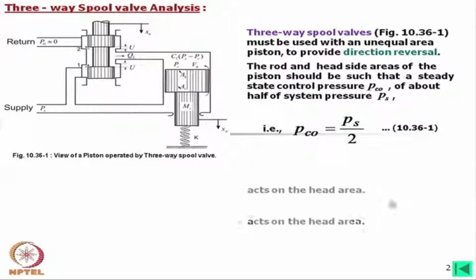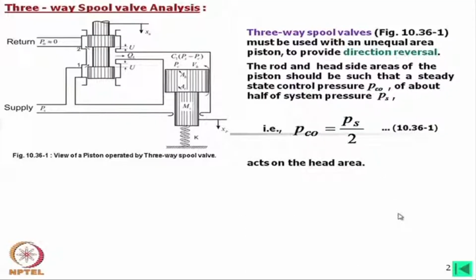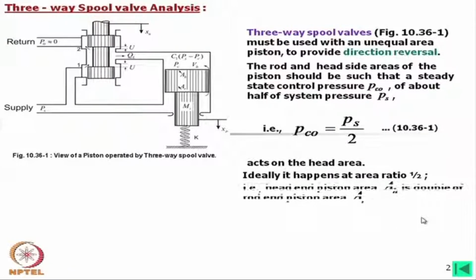Now, for that what we would do, ideally it happens at area ratio half. What does it mean? That the head area of piston AH is double the rod end area AR. That means, here the AR is the annulus area.